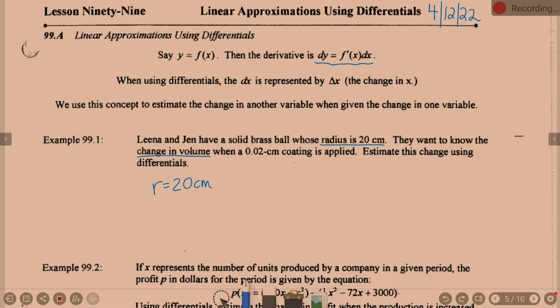What do we usually think of as change in volume? Well, in the past we've said dV/dt, right? The change in volume over time. And when they just say differentials, the idea is we can say dV. Okay, so we're trying to find the change in volume.